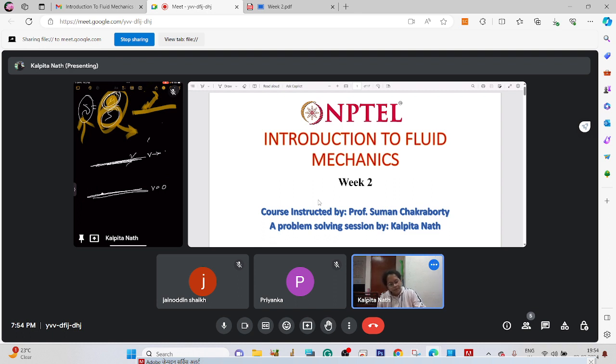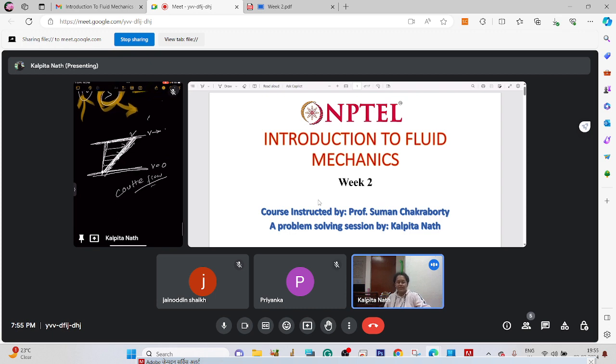So the velocity will increase, and the velocity profile will be like this. This type of flow is called Couette flow, where one plate is stationary and another plate is moving with velocity v. Sir will teach you in the next session.